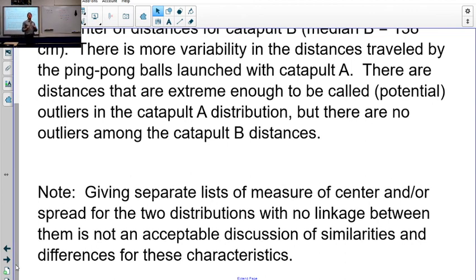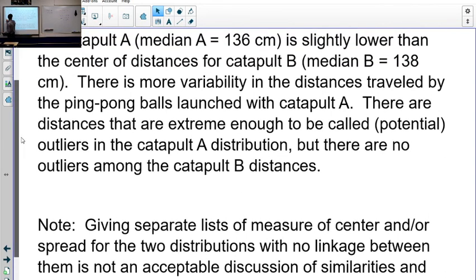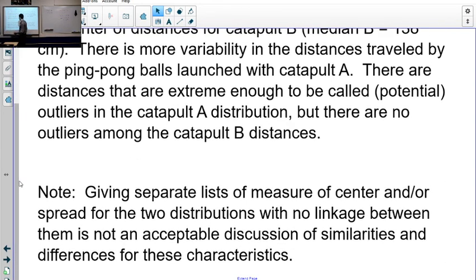One last thing, since we're comparing two different distributions, there should be comparison words in your answer. In other words, you'll notice they didn't just say the median of A is 136, median of B is 138. They used a comparison word and said that the median is smaller for one than the other.